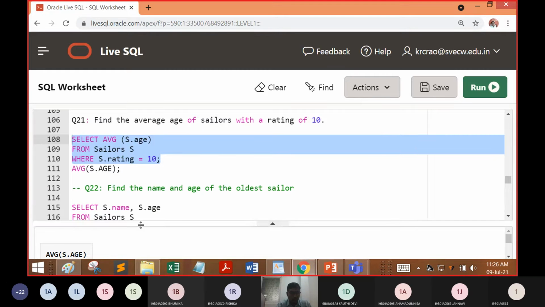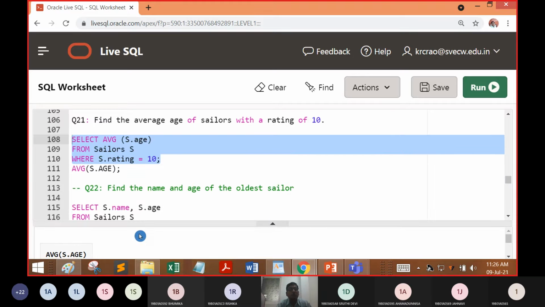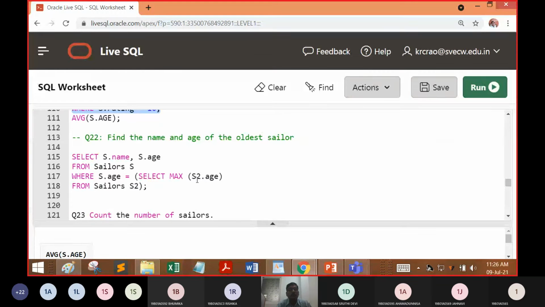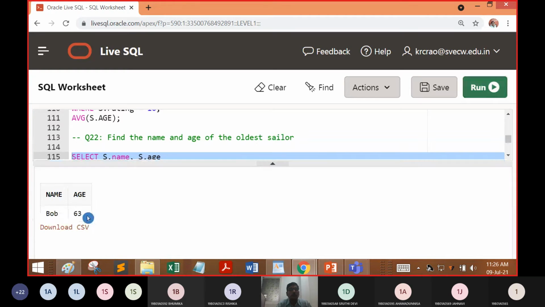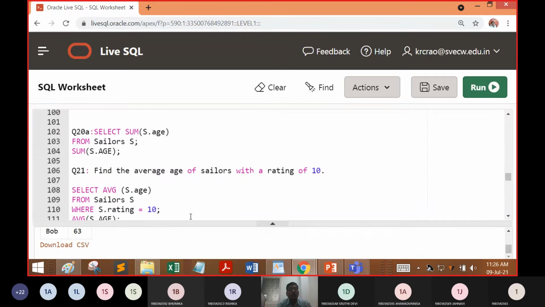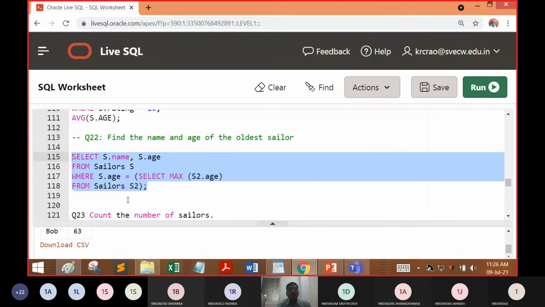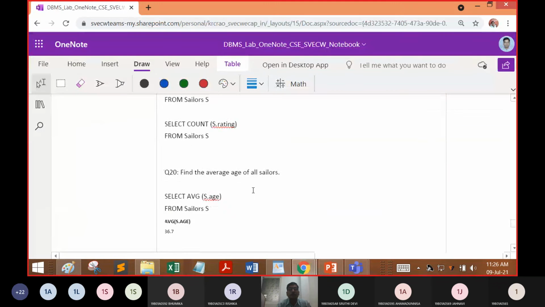The name and age of the older sailor was Bob, and his age was 63.